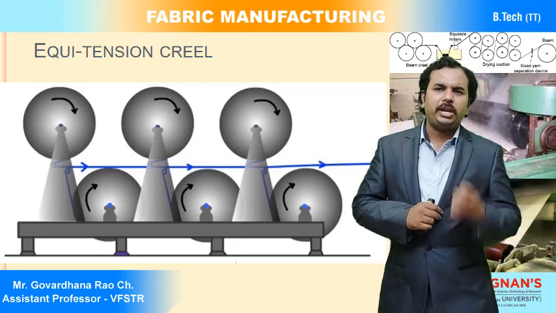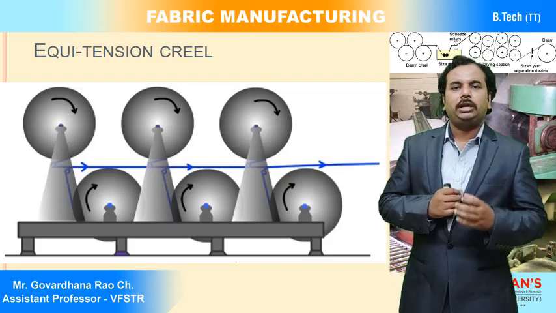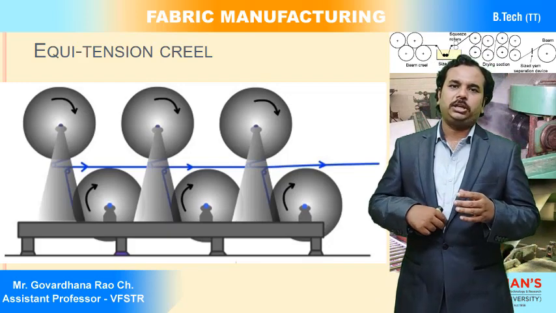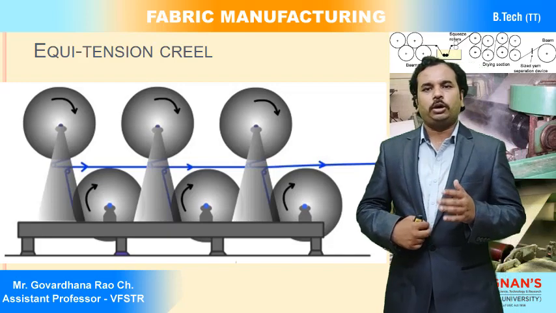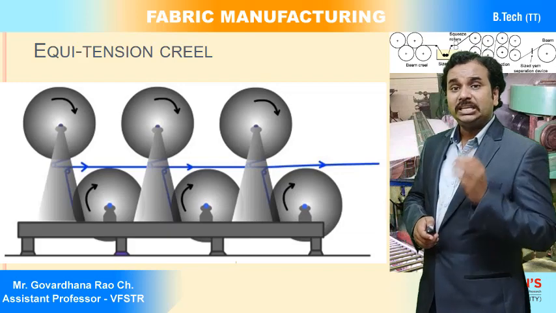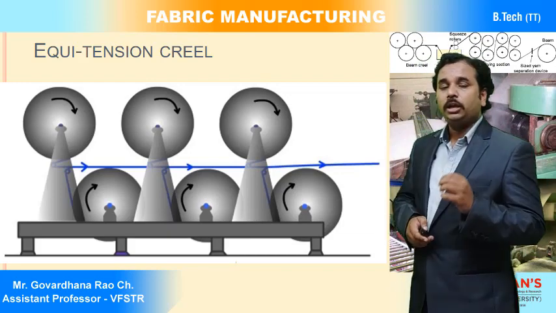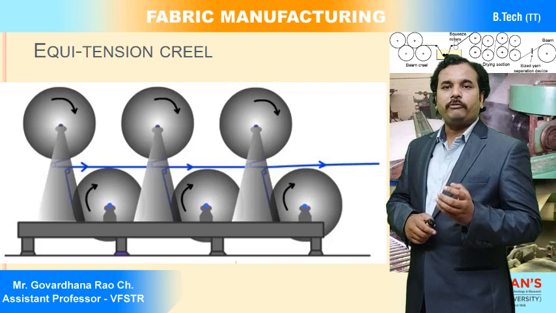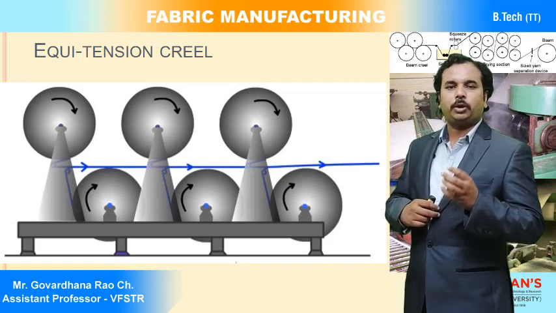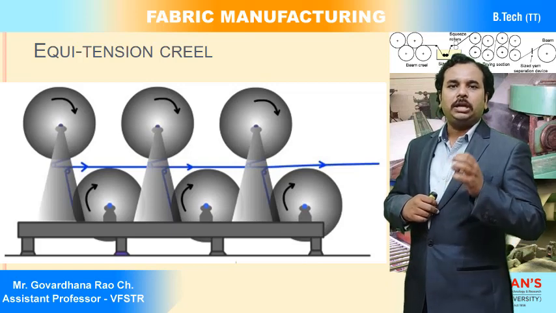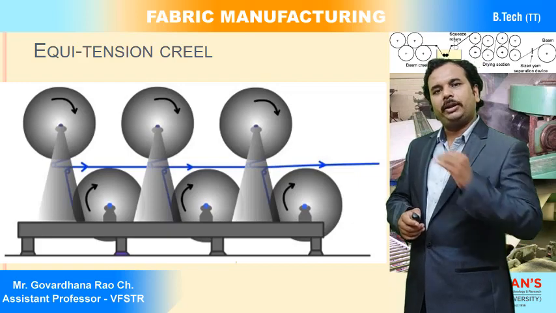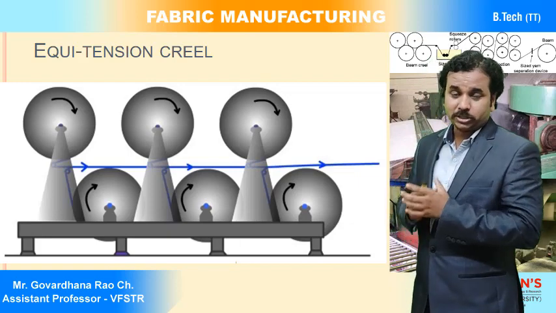So that is why it is very important to maintain the tension in the creel zone to control the stretch percentage in the sizing machine. This is one simple example of controlling the tension. Equi-tension creels are nothing but individual drives again. Wherever the warp withdrawal is happening, we rotate the beams individually with the help of servo motors, and it is transferred into the size box.